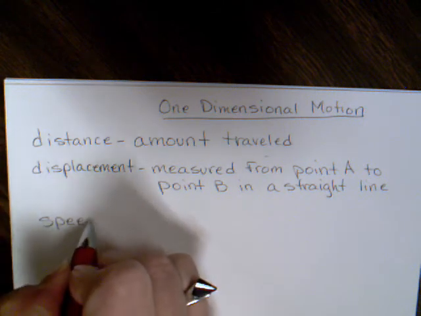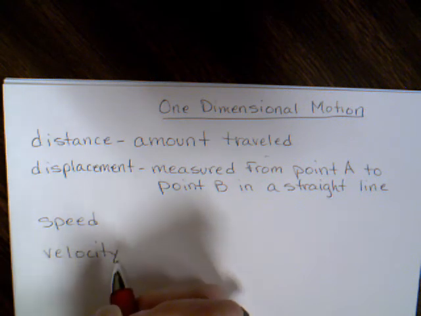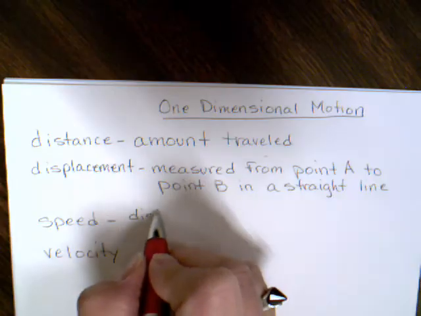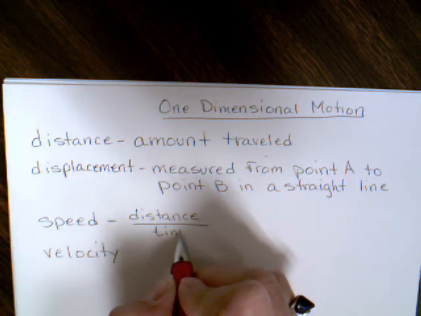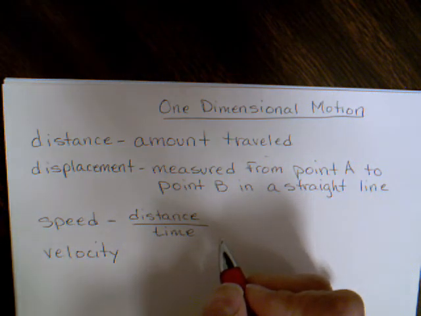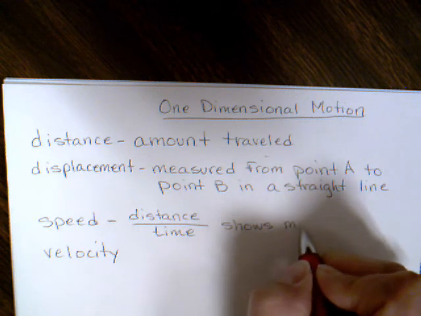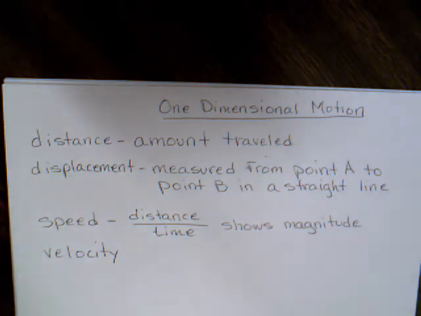We need to talk about speed and velocity. Speed is the distance over time. It shows magnitude. Magnitude is just a measurement, just a number.